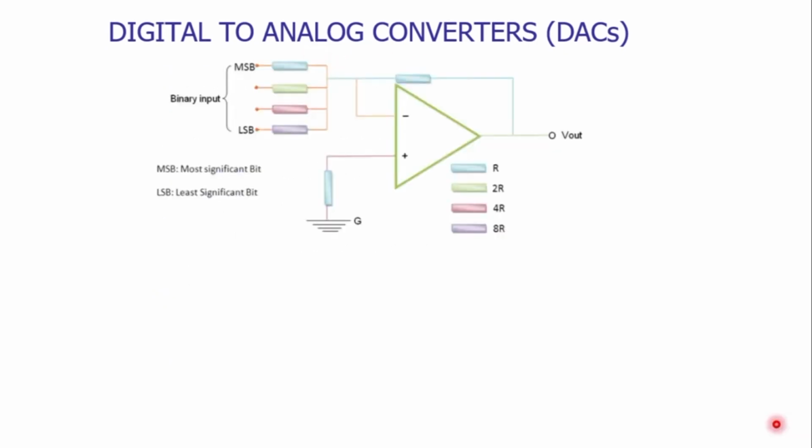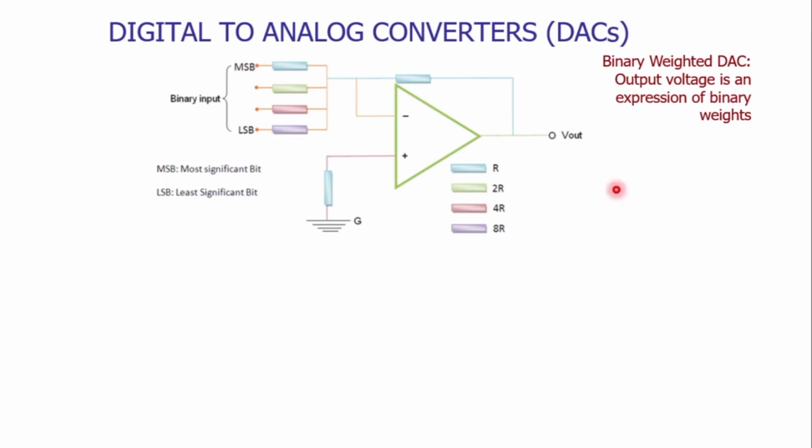The electronic circuitry for the digital to analog converter, that is the binary weighted based digital to analog converter, is seen on your screen. It is called binary weighted because we are getting the output in terms of an expression of binary weights.